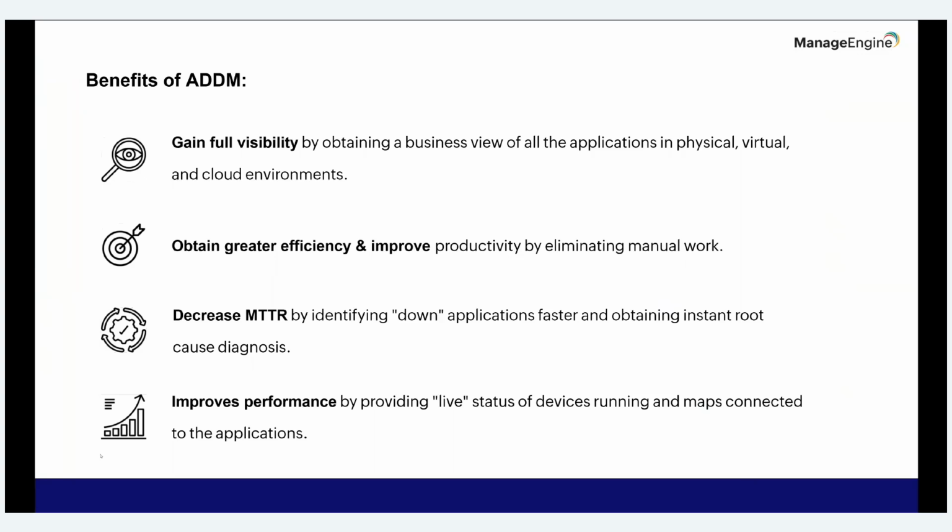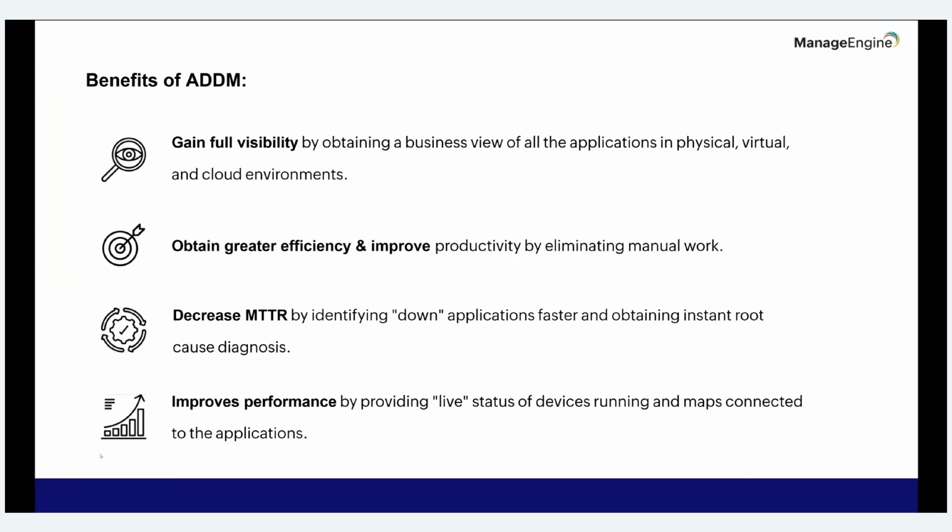These dependencies help you to decrease the mean time to repair by identifying the actual down applications, where we can easily identify whether it's on the infra layer, the cloud layer, the virtualized layer, or somewhere on the application segment. This also helps us to improve performance by providing live status of the devices running and the maps which have been created with the help of dependency mapping.